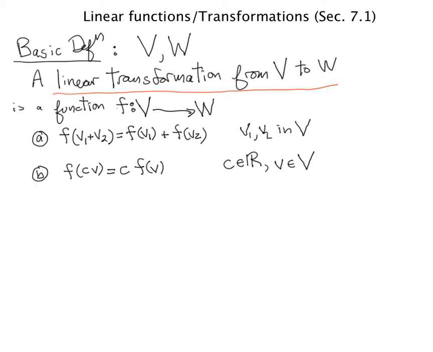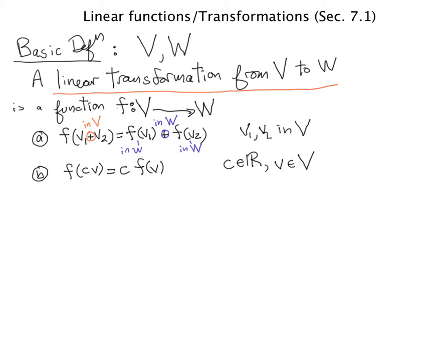The first thing to notice is that there's a slight subtlety here, which is that this addition right here is addition of two vectors in V. V1 and V2 are vectors in V, and I'm adding them, and this is a vector in V. Whereas this addition in here is addition of two vectors in W. F is a map from V to W, so this is in W, and this vector is in W, and I've added them in W. And so it's saying that F takes addition in V to addition in W. It relates the addition operation in the two vector spaces.